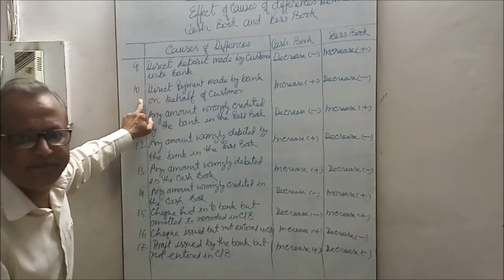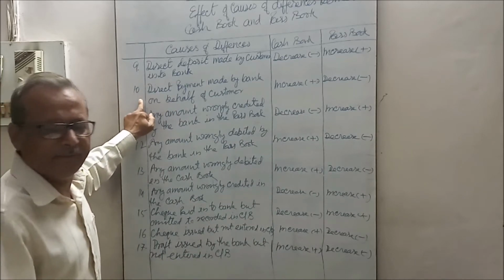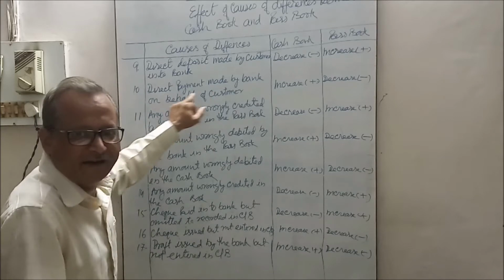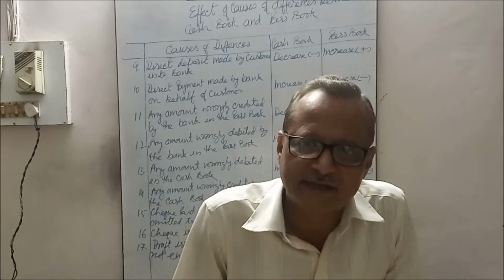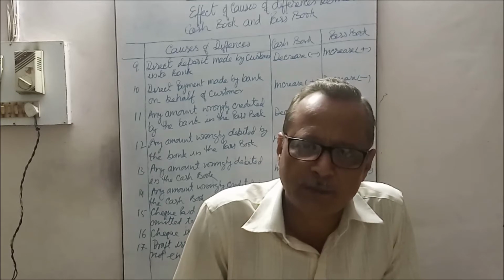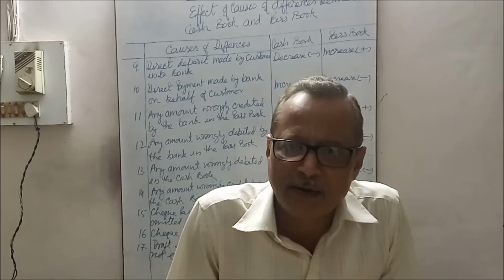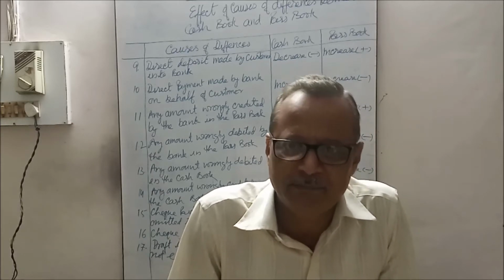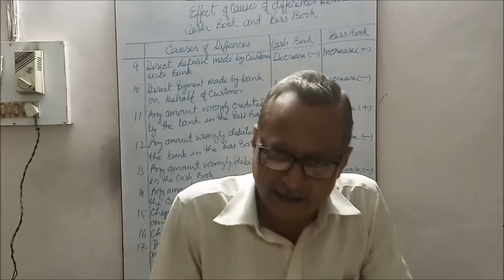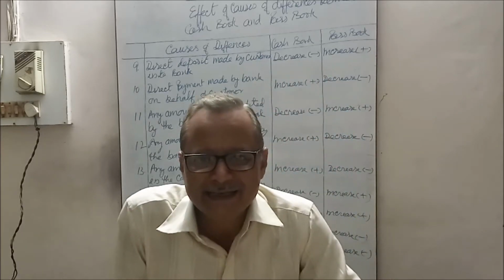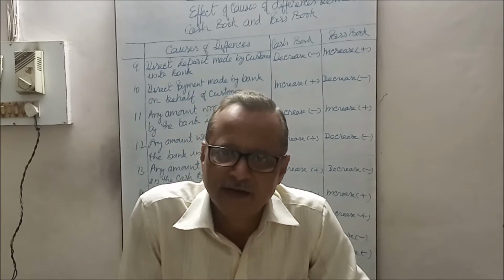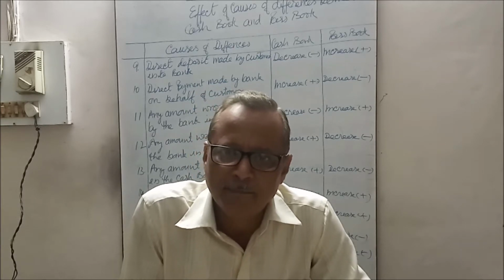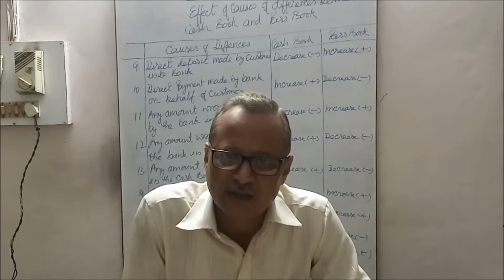Likewise, direct payment made by the bank on behalf of the customer. Customer means the business. Sometimes the business gives a standing order to the banker to make some payments on behalf of that business. Now the banker makes the payment on the dates when it becomes due on behalf of the customer.